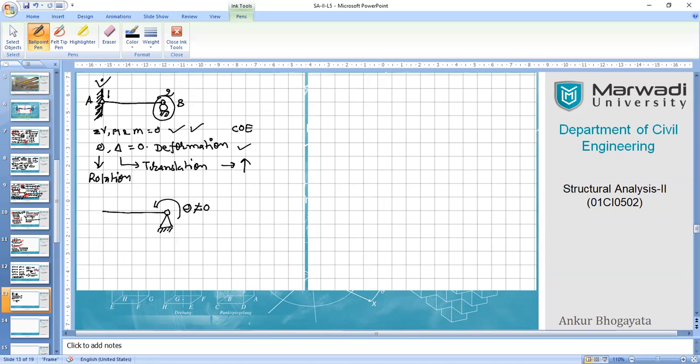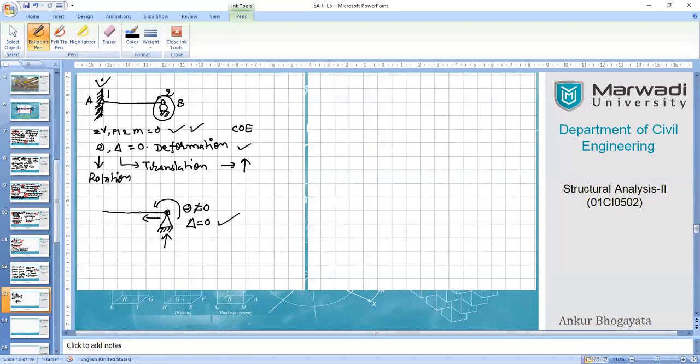So there will be a rotation, either clockwise or anti-clockwise. But deflection will definitely be 0 because you have a vertical reaction. There should not be any deflection in the vertical direction, and there should not be any horizontal movement either, because you have connected it with the hinge support.